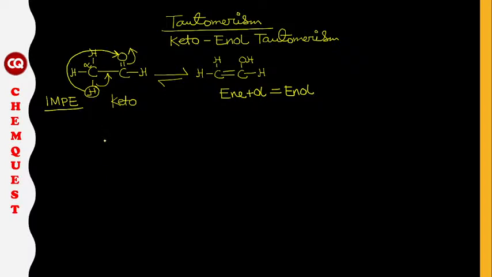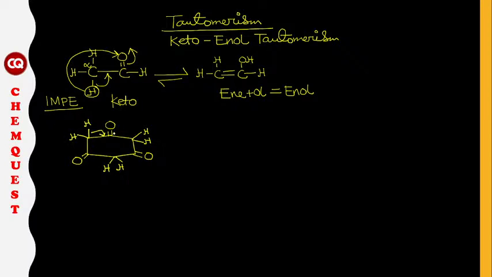But if you start with an active methylene type compound like cyclohexane-1,3,5-trione, then each and every CH2 group is highly acidic in nature.